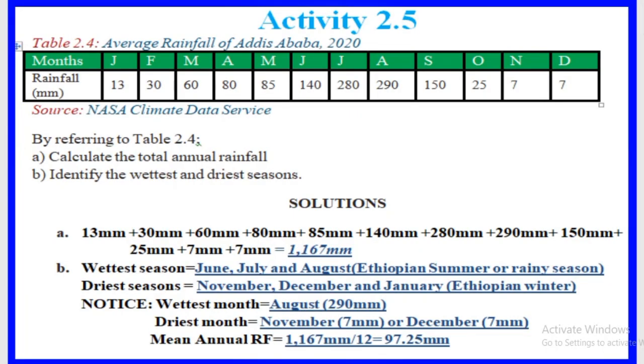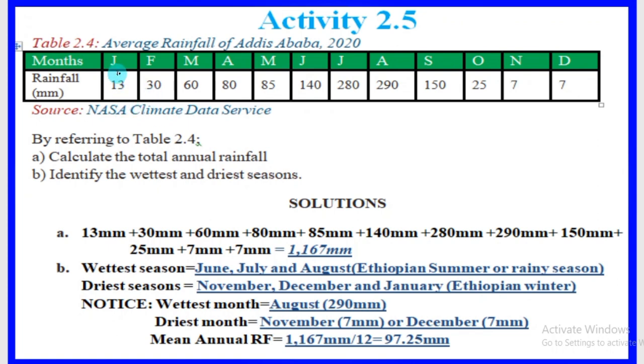Let us see an example which is given in your textbook, activity 2.5, and here we have records for 12 months. So months are given and amount of rainfall for each month are given in this chart.